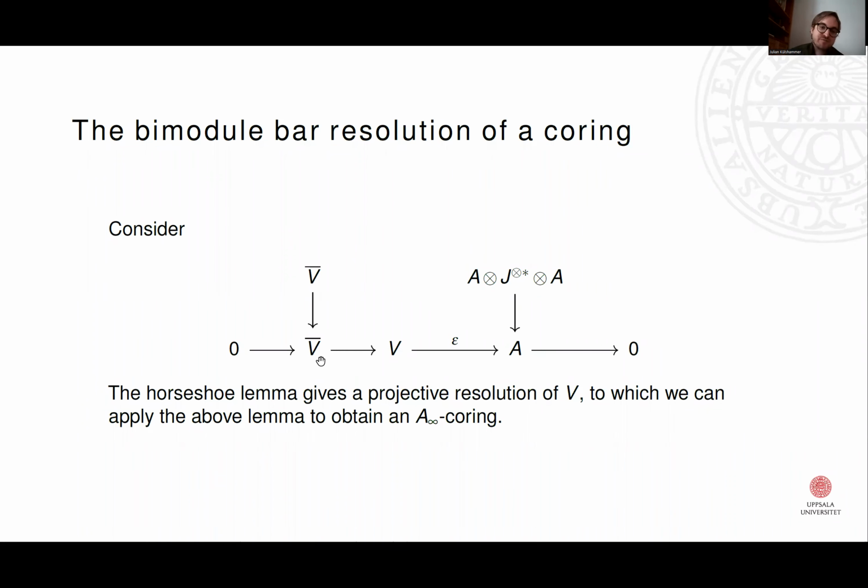V bar is a projective bimodule, so it has a one-step projective resolution consisting just of V bar, concentrated in degree 0. And the algebra A as a bimodule has, for example, the reduced bimodule bar resolution. If you sum these two resolutions together, you can obtain a projective resolution of your co-ring V.